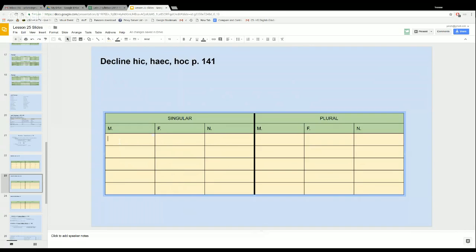And this time I am going to have Alexis lead us, please. Hic, haec, hoc. Huius, huius, huius. I know it's a mouthful.